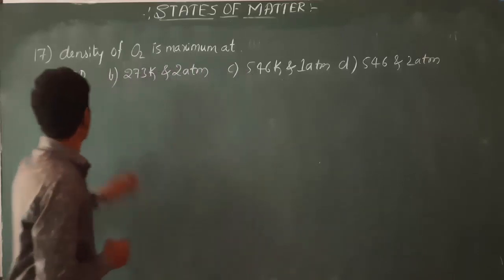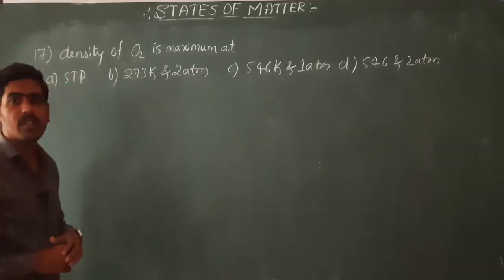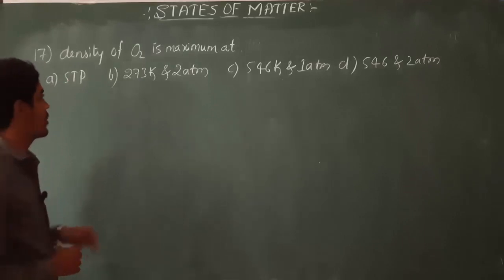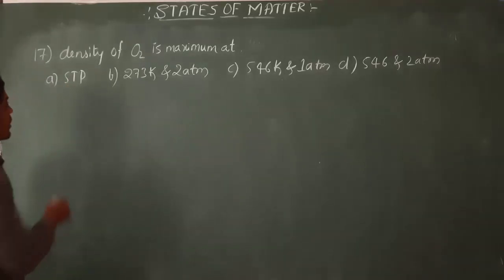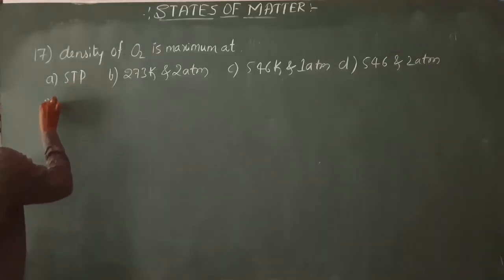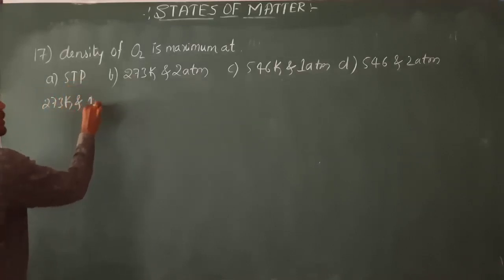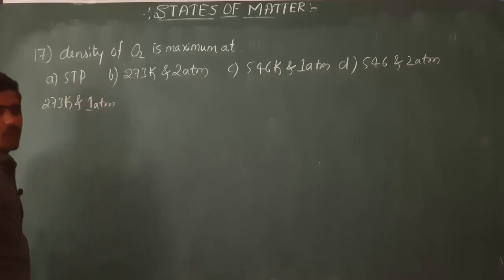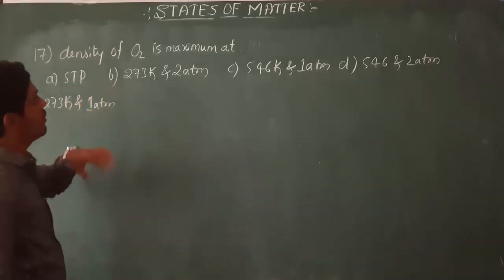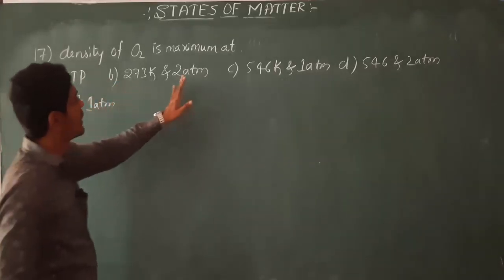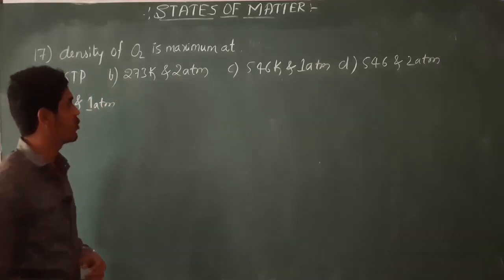So first one, STP, standard temperature and pressure. Standard temperature and pressure means temperature is 273 Kelvin and pressure is 1 atm. Option A it is. Second, option B, 273 Kelvin and 2 atmospheric pressure.